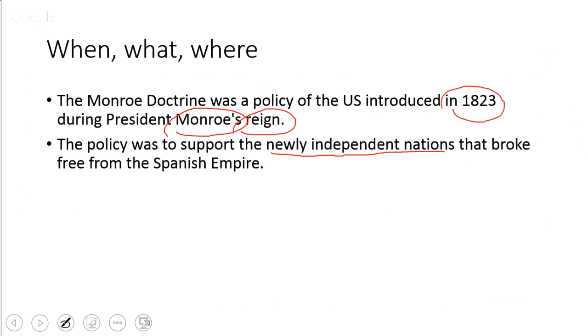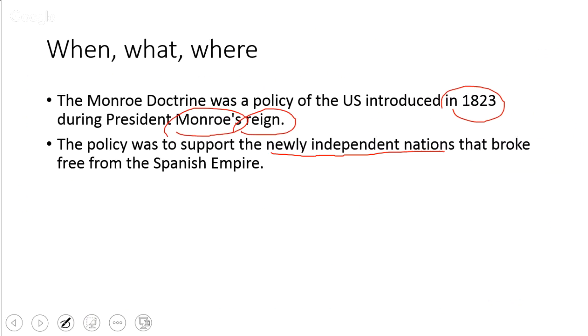You know, in South America, there were a lot of colonies that belonged to Spain. But because of the weakness of Spain, a lot of South American countries declared independence, right? So the policy was trying to support those countries.